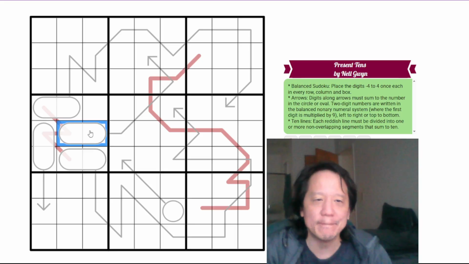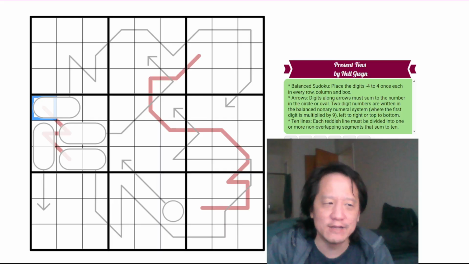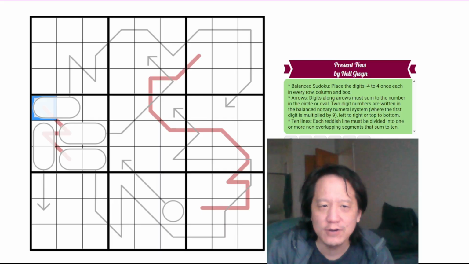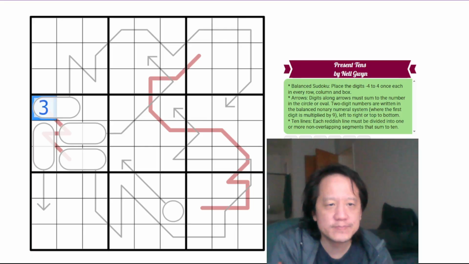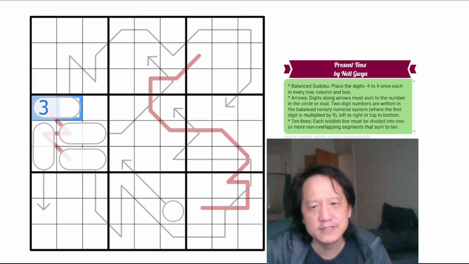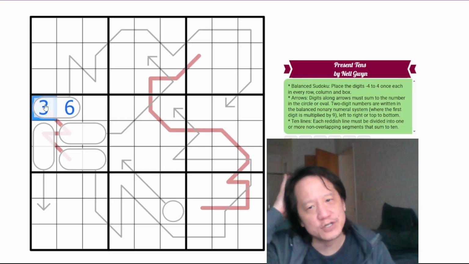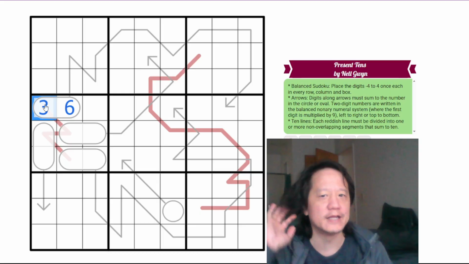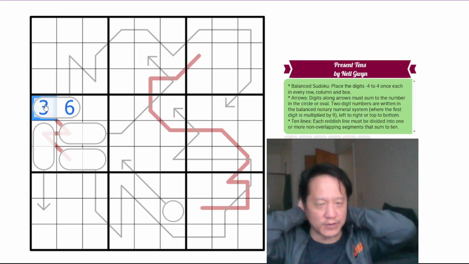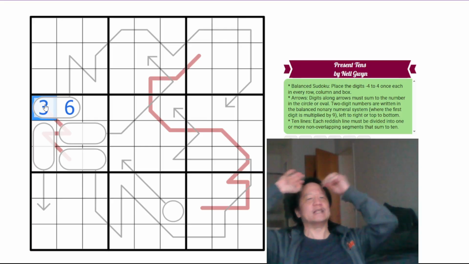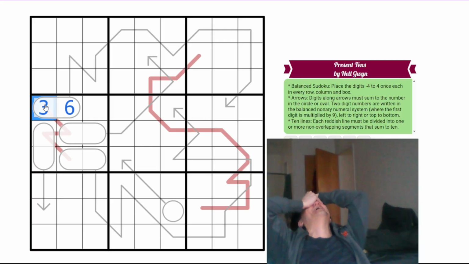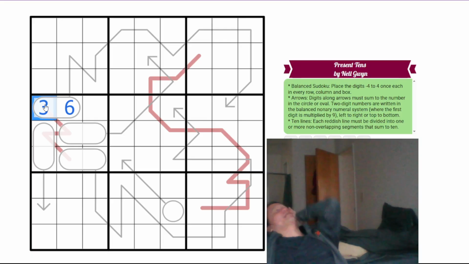So, for example, if you had -3 here and this was 6, the first digit would be multiplied by 9, and then you sum the two digits together. So that would be -3 times 9, which is -27, plus 6, which would be -21.